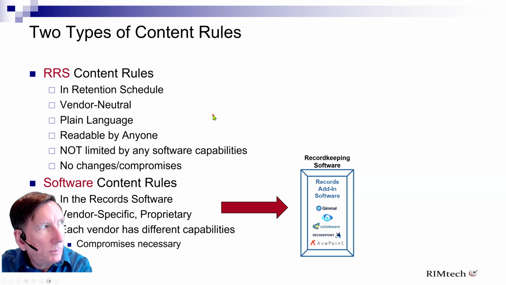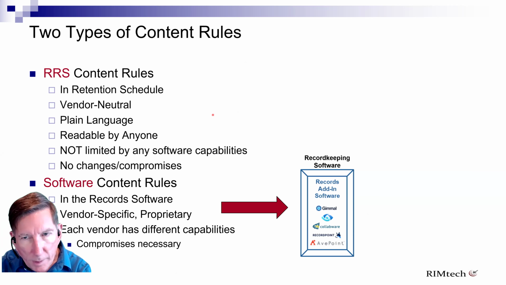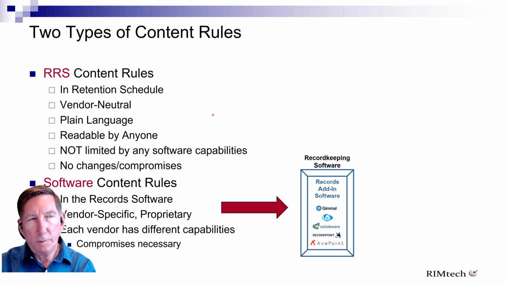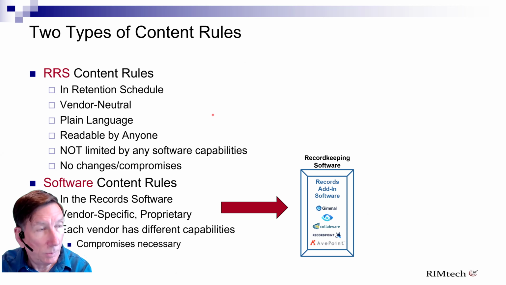But now you went out and you bought a piece of software. Every one of those five products is different from the other. They all have different styles, approaches, and techniques and language for their content rules. So now you have to create the same 2,400 content rules, but this time in the proprietary language of the vendor you purchased.